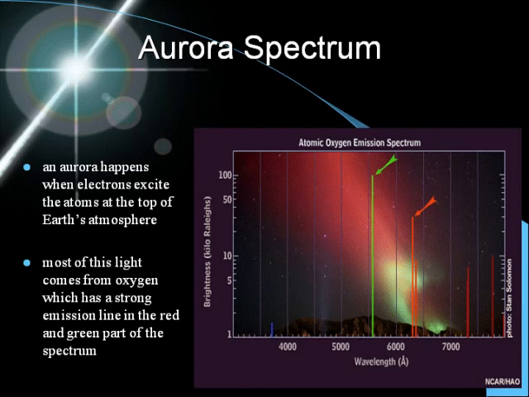By looking at the different colors of the aurora, and some of these aurora can be very beautiful, we can tell which elements in the upper atmosphere, way up at the top of the atmosphere, are affected by this light. And here you can see oxygen produces green and red lines. Nitrogen produces some of the blue that we see, and also some of the red is coming from the nitrogen. And of course, our atmosphere is primarily nitrogen and oxygen.